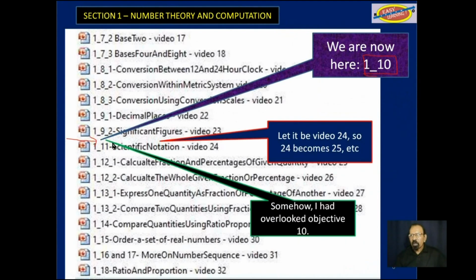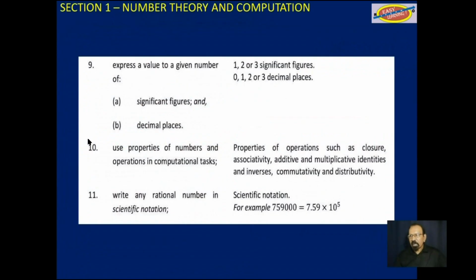And so I will let this video be video 24, so that 24 becomes 25. And by the time you get down here, that 32 becomes 33. So this is the objective that I overlooked.